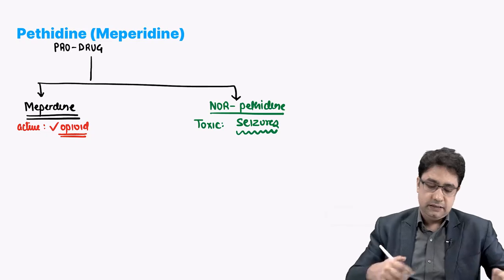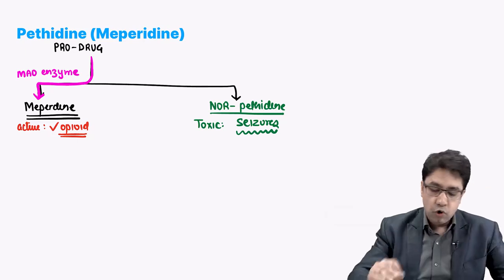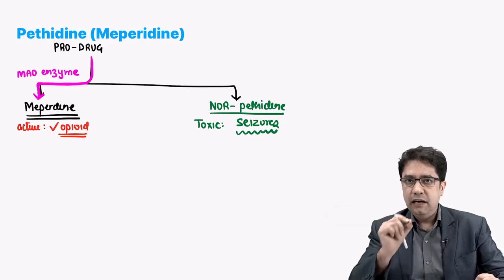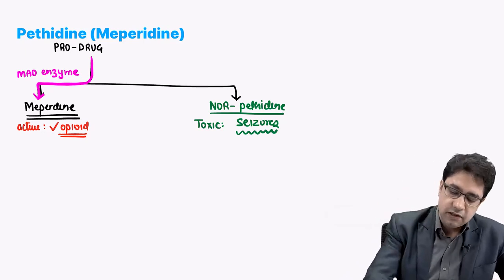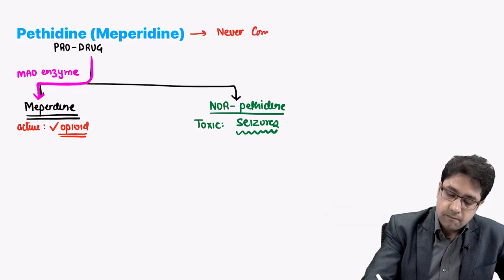Now the point is, pethidine gets converted into norpethidine with the help of the MAO enzyme. MAO stands for monoamine oxidase enzyme. Now think for a second and tell me why pethidine is never combined with MAO inhibitors.